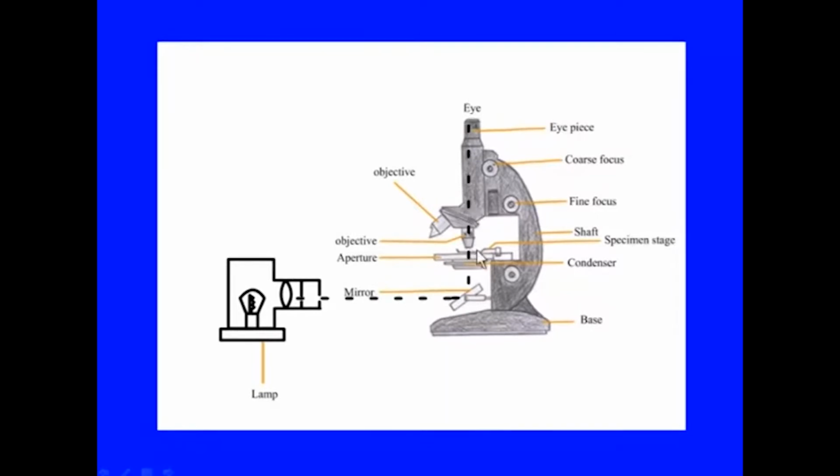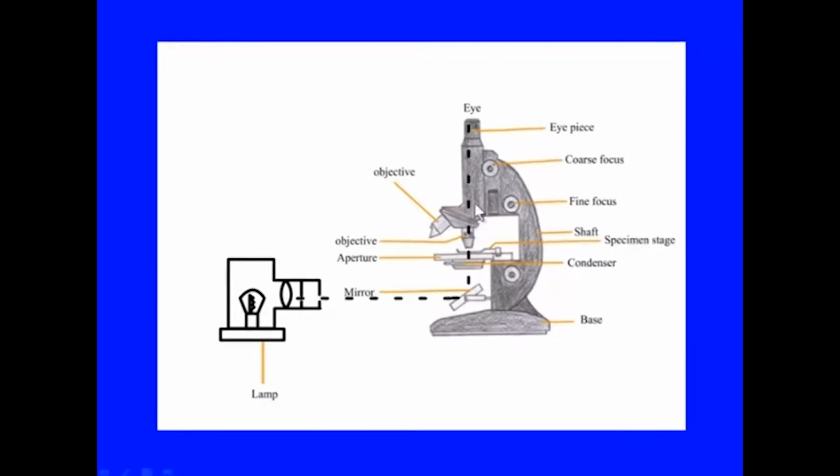The one which is not altered, that is not diffracted, will be forming the background, and the one which is diffracted will be focused by the objective to form the final image at the intermediate image plane.